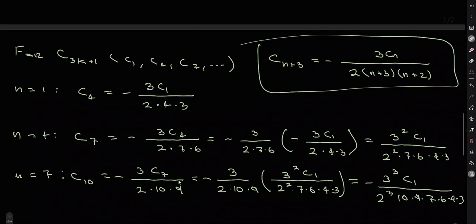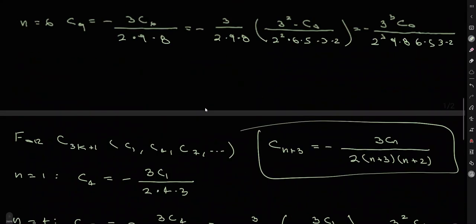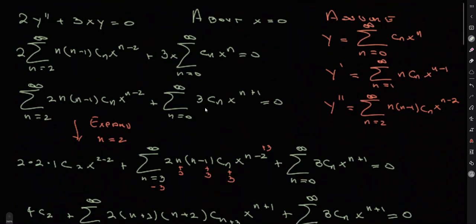And likewise, all of these are going to be part of the terms containing a c sub 1 corresponding to the second linearly independent solution. That's because we are working on a second order differential equation which has two linearly independent solutions.